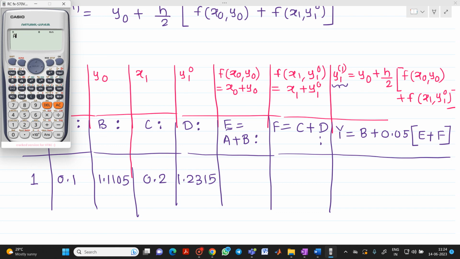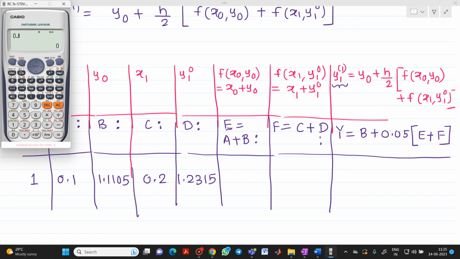A colon B colon C colon D colon, then E equal to A plus B, colon, next F equal to C plus D colon, Y will be equal to B plus 0.05 into bracket E plus F. Now I am going to substitute values.